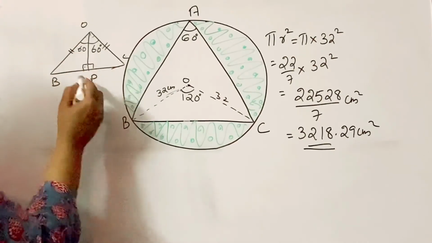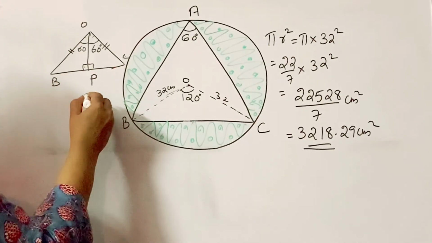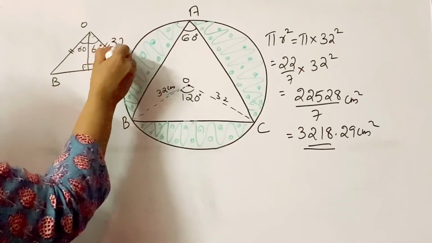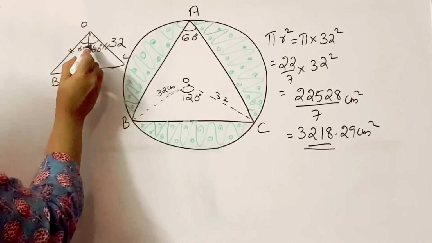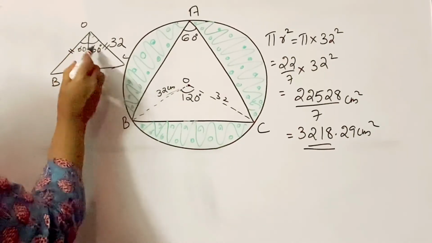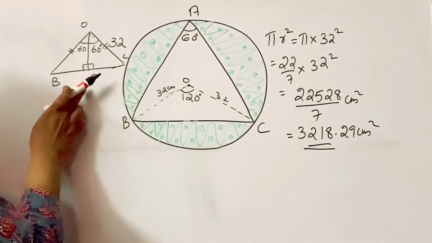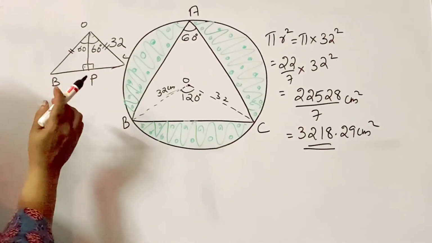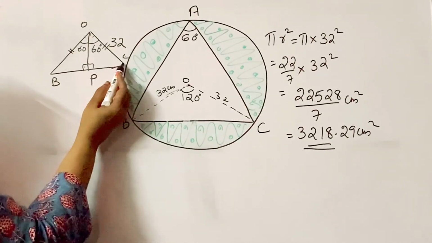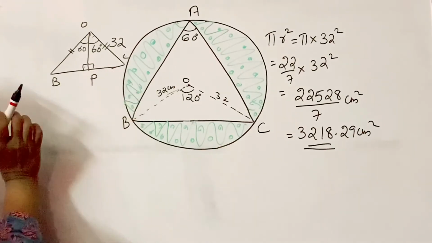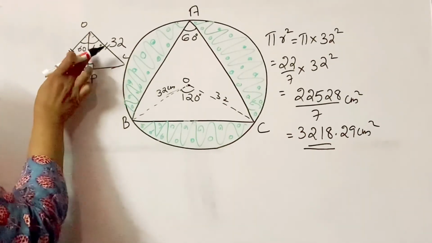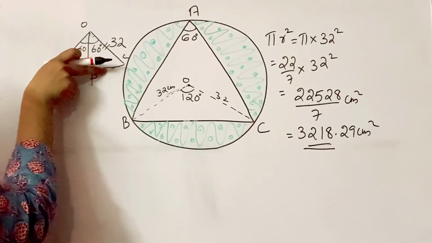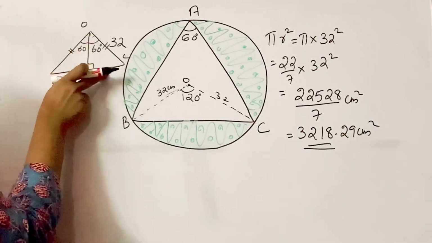Now take the triangle OPC. In this triangle, we know that this is 32 centimeters. We can use trigonometric ratios to find the side. Let us find out the side PC using a trigonometric ratio. Which trigonometric ratio do you take? We want to find out this side PC, so you can take sine.